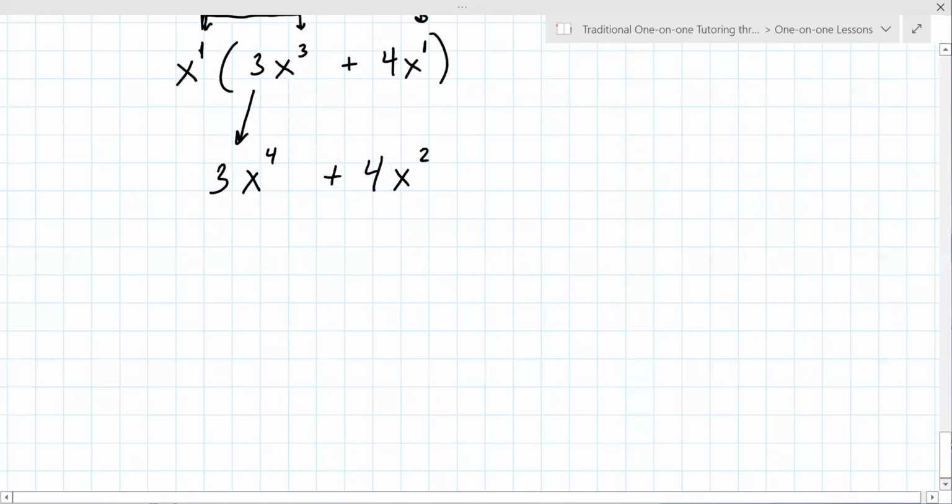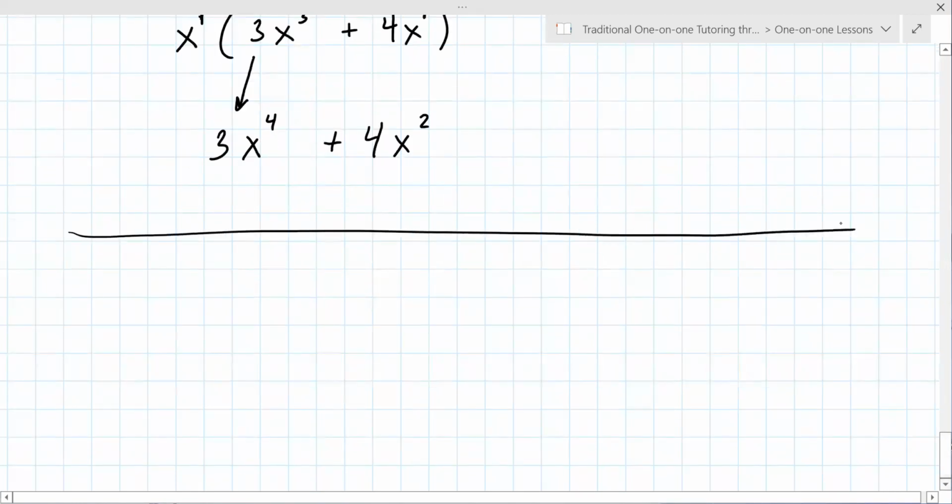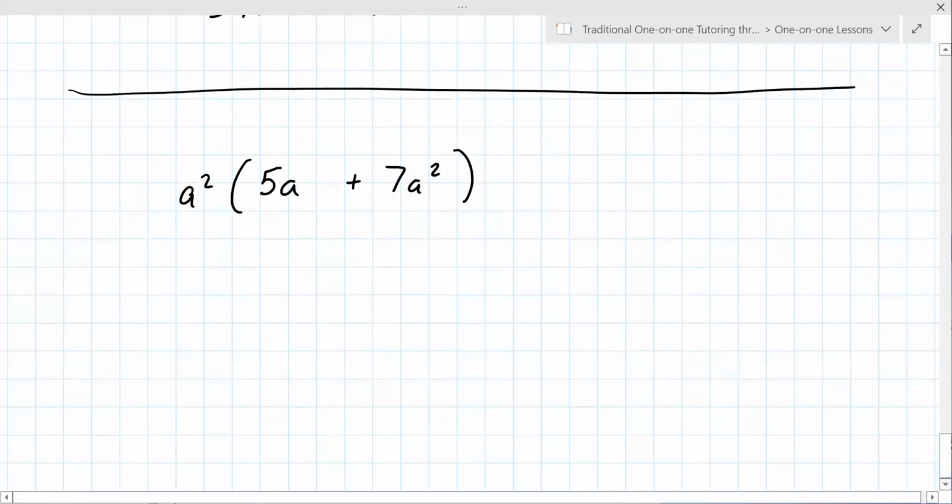Okay, so let's have you try another one here. Let's say it's a squared times 5a plus 7a squared. Go ahead and try that one, please.